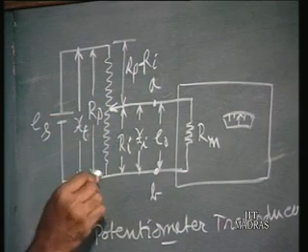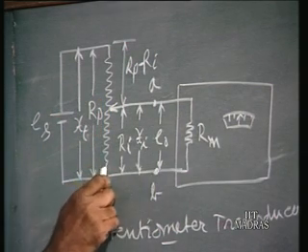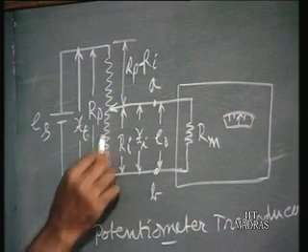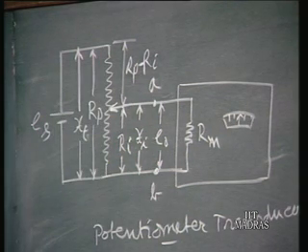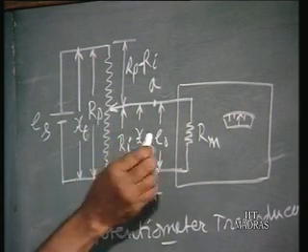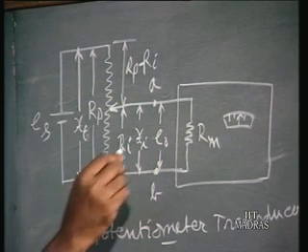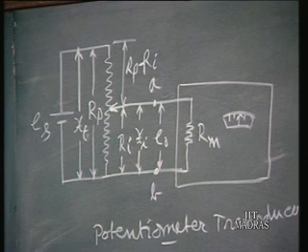When that point is here, you will get Eo equal to 0; as the point moves up, the total voltage of Es is distributed over the full length of the resistor. So as per the travel, you will have a voltage output. At any instant, the displacement is Xi, and accordingly you will have a voltage output.